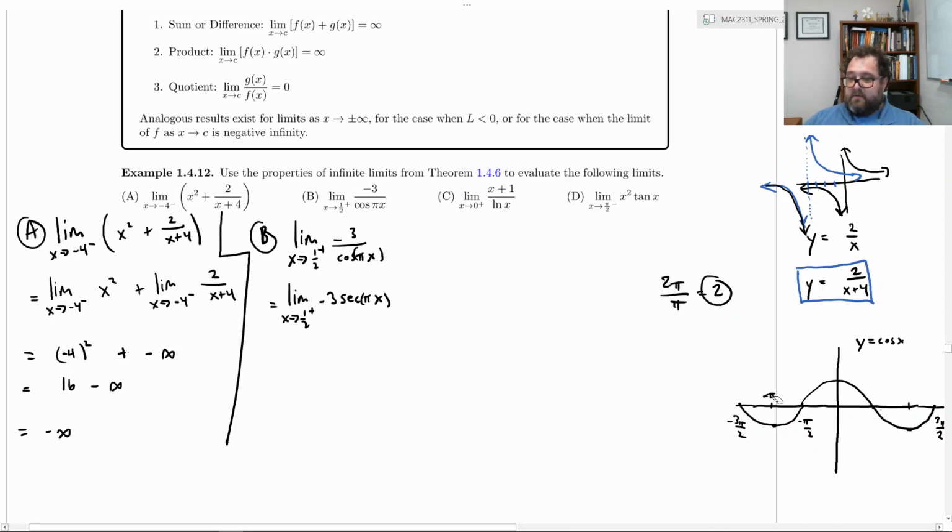Let's rescale this. Okay, so if we now have not cosine x, but cosine pi x.